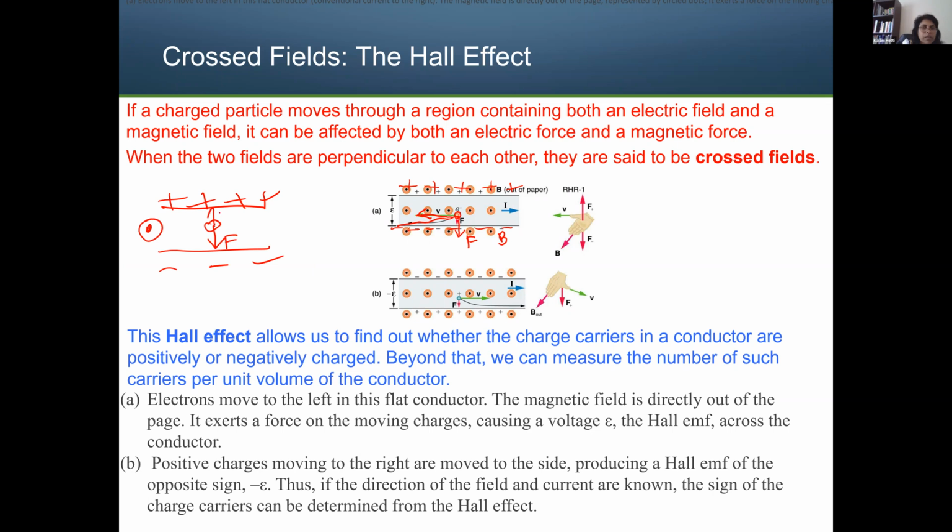If you create the electric force in this way, and they are equal to each other, this electron can travel exactly in the horizontal direction. But if the magnetic force is greater, it will go downward. If the electric force is greater, it will go upward, right? Whichever is possible.